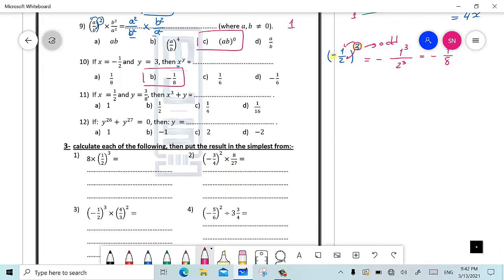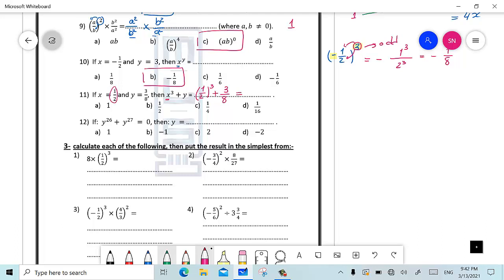Number 11, if x is equal to half and y is equal to 3 over 8, then x cubed plus y equals, again this is a substitution question. I'm going to take away the x and write the half instead of it. So I have here half to the power of 3 plus y, which is 3 over 8.